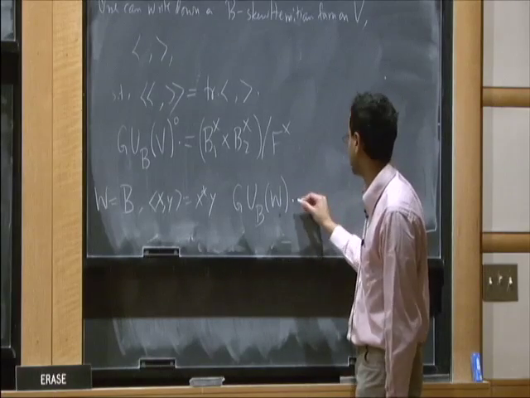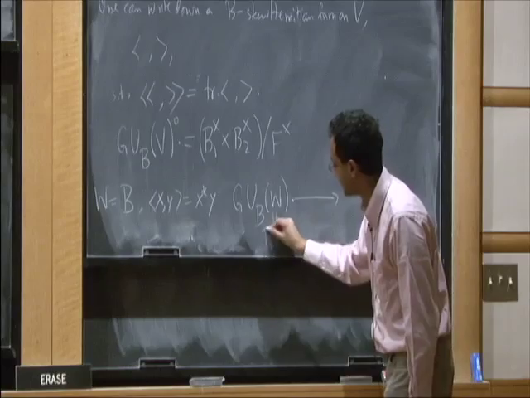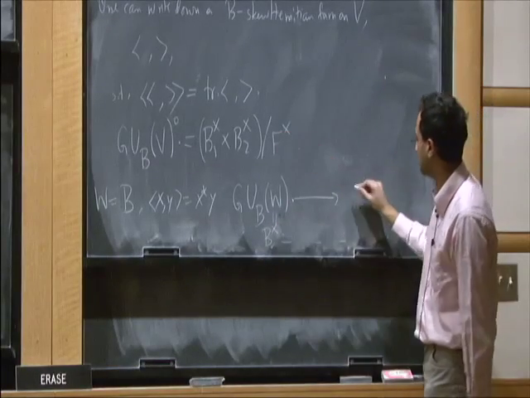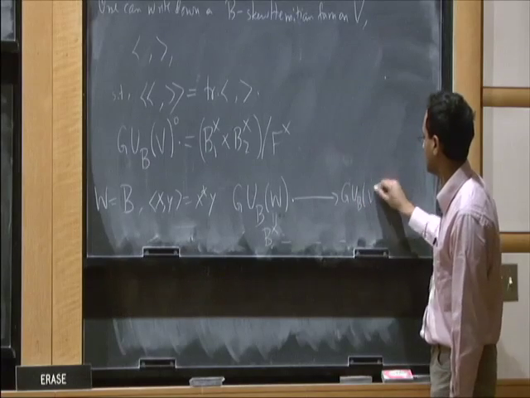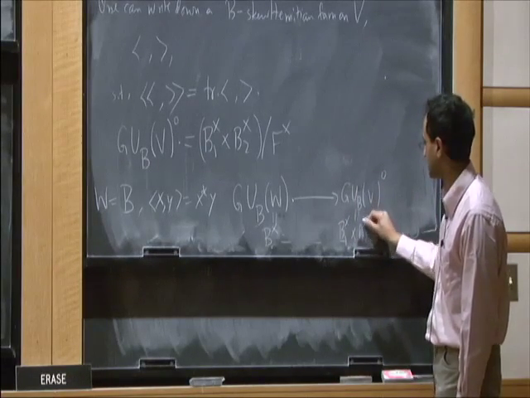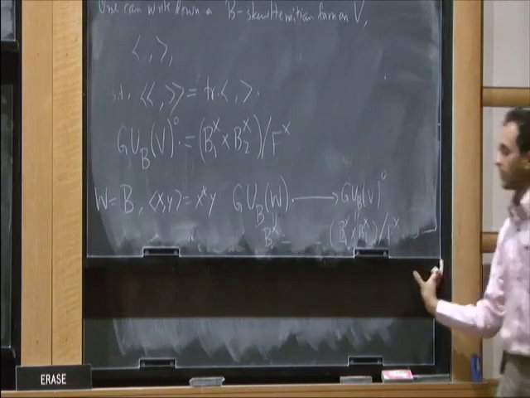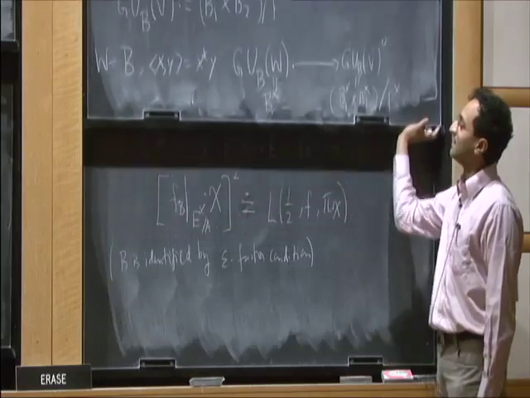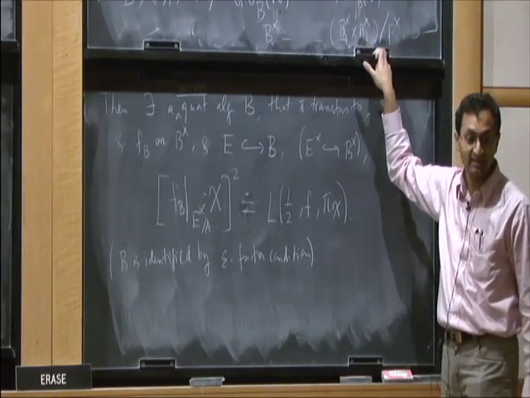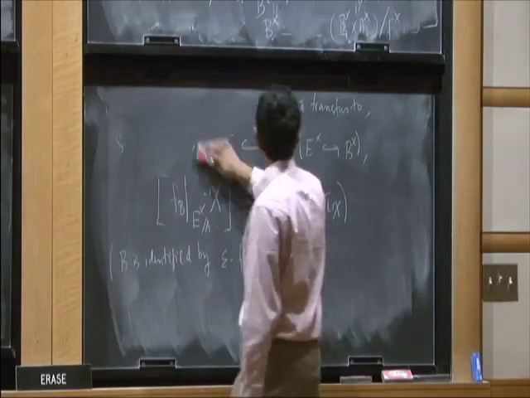The theta correspondence gives me a lift from B cross to GU(V)^0, which is B1 cross B2 cross mod F cross. What could this lift possibly be? You're going from B cross to B1 cross B2 cross. This is going to be the Jacquet-Langlands correspondence. So the first proposition is that this is the Jacquet-Langlands correspondence.